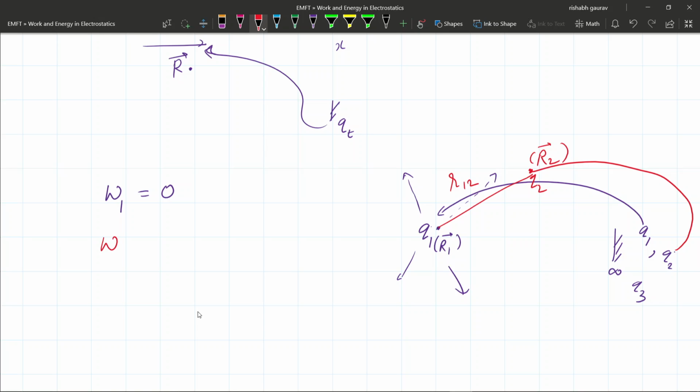Now in this case the work done will be the magnitude of charge multiplied by the potential. Then the potential at the position vector R2 will be given by 1 by 4 pi epsilon naught, and due to Q1, the potential is Q1 upon R12, and this is for charge Q2.